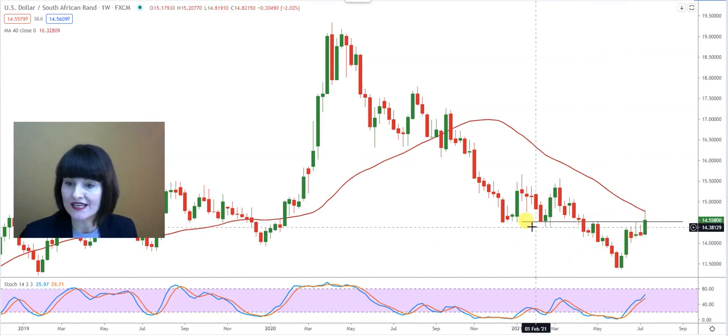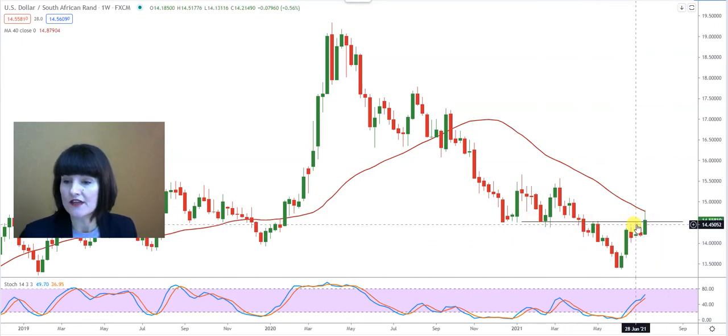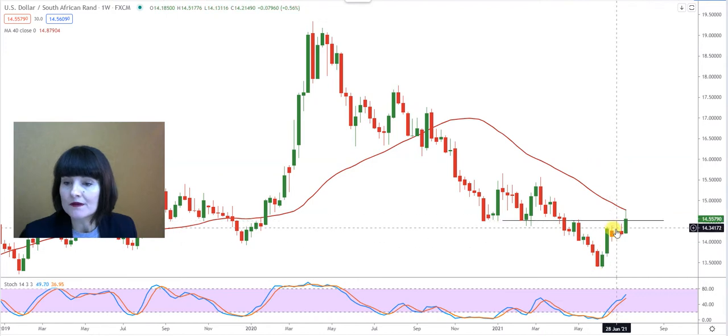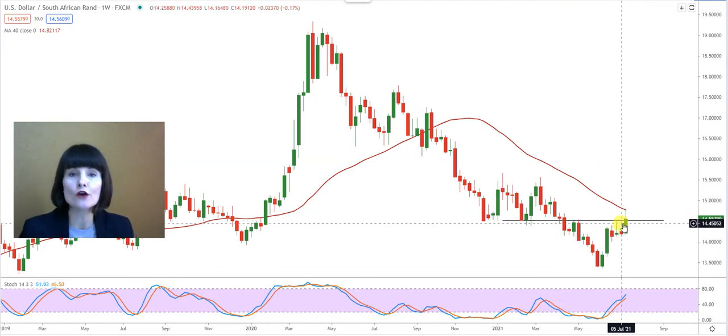A strong horizontal trend line that I've drawn in there is waiting at 14.51. Why? Because this is the possible neckline or trend line that supports this small cup and handle formation. And we know that this normally shows us that the instrument can move to higher levels, which means weakening of our Rand against the American dollar.